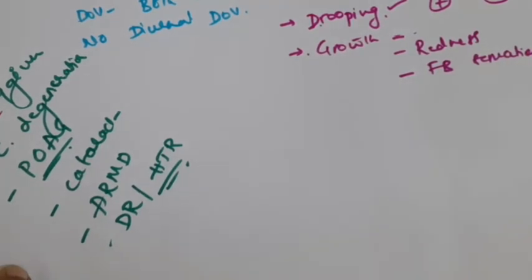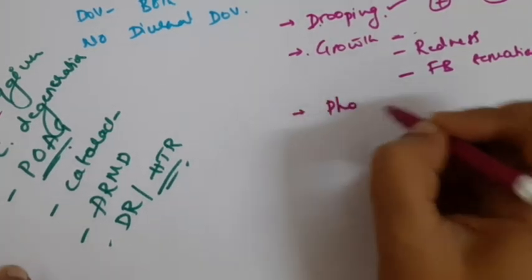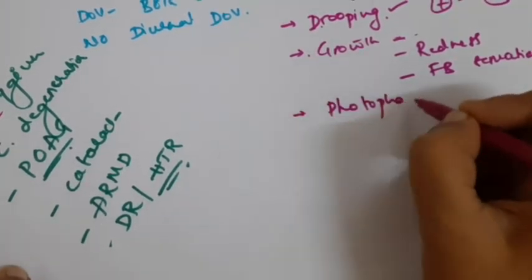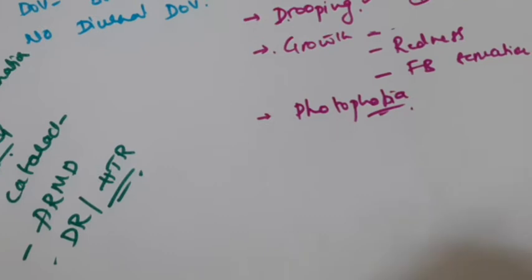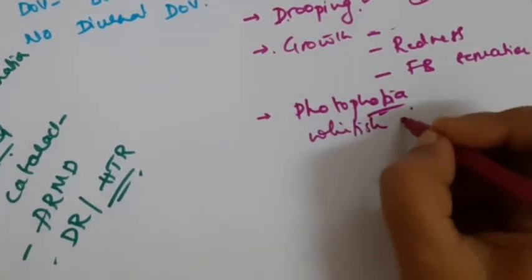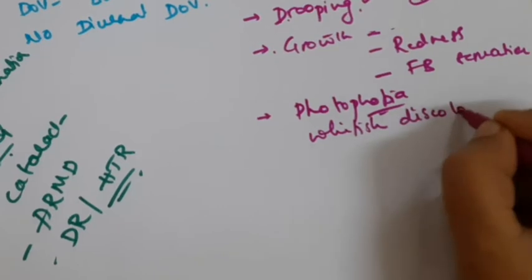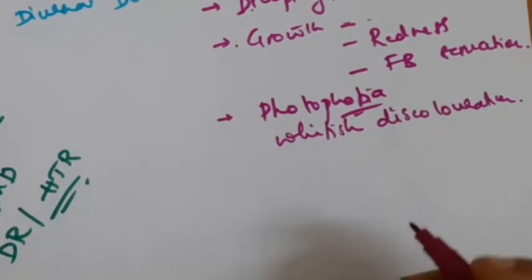Then corneal degeneration. Here patients may or may not have the symptom of photophobia. Because there is involvement of the cornea, there can be a component of photophobia. Just ask that question. And there can even be whitish discoloration in the black part of the eye, that is over the cornea. So this can also go in favor of corneal degeneration.